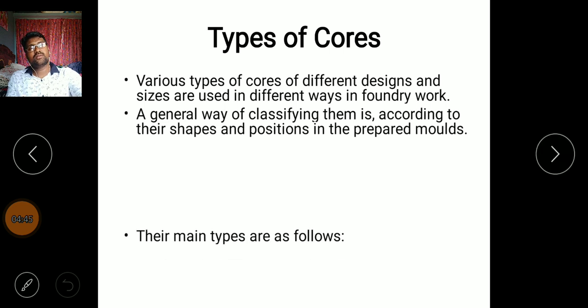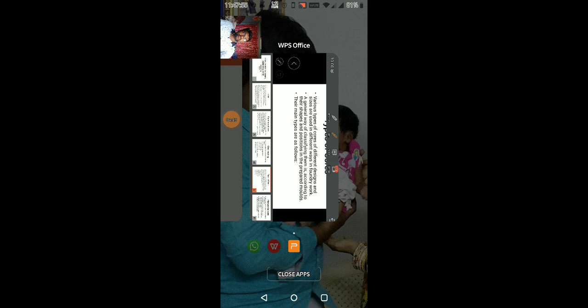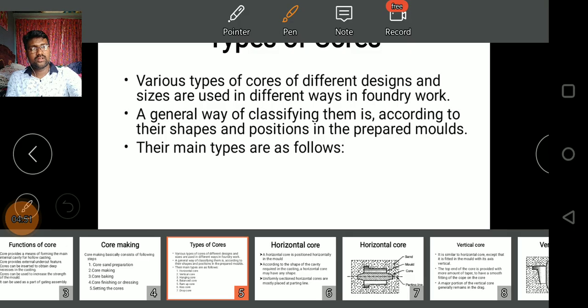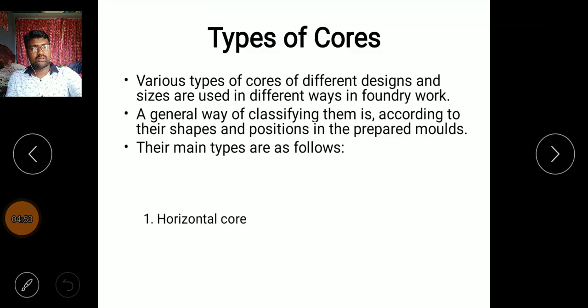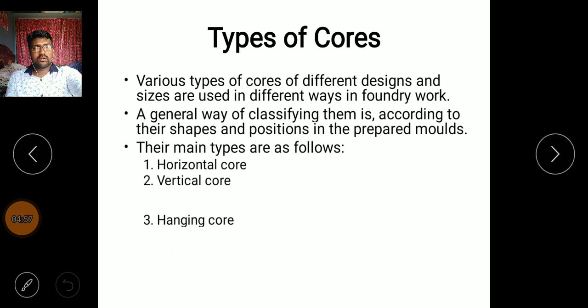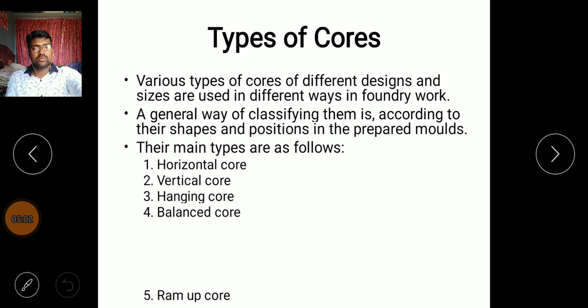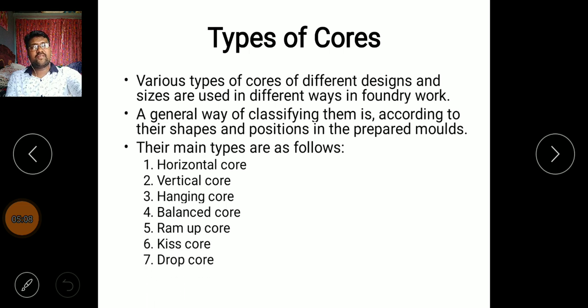That is: horizontal core, vertical core, hanging core, balanced core, ram up core, kiss core, and drop core. These are the different types of cores used in the casting process.